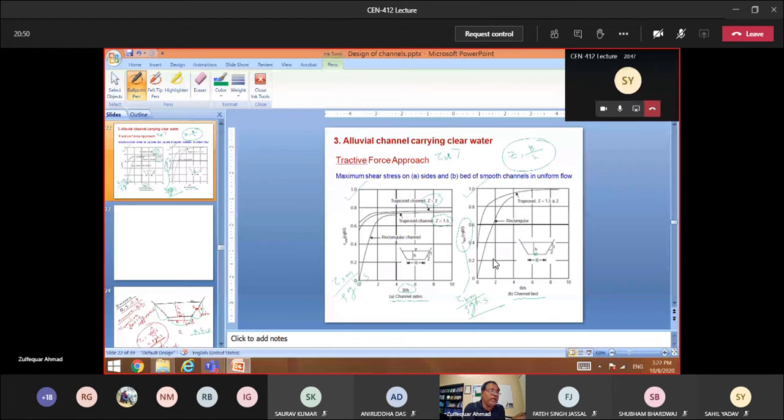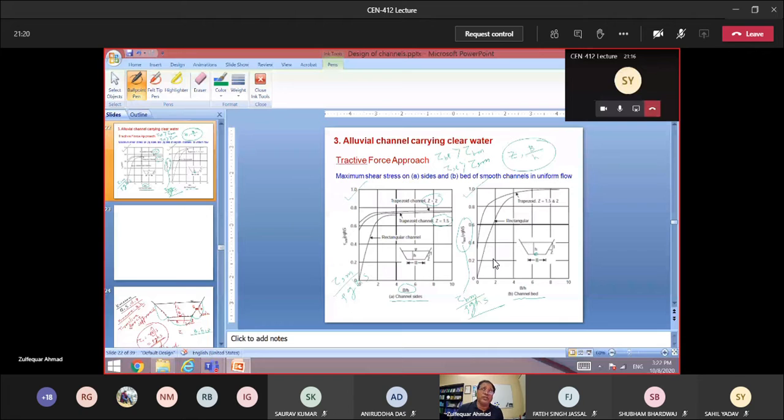This should be greater than tau B max, and likewise tau SL should be greater than tau S max. So we are designing for the higher shear stress.